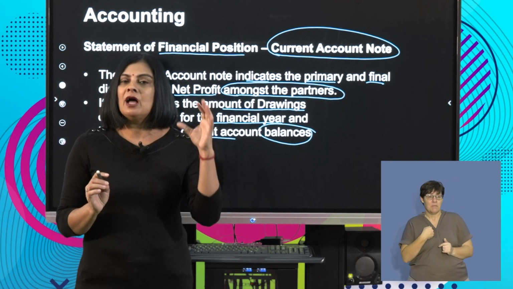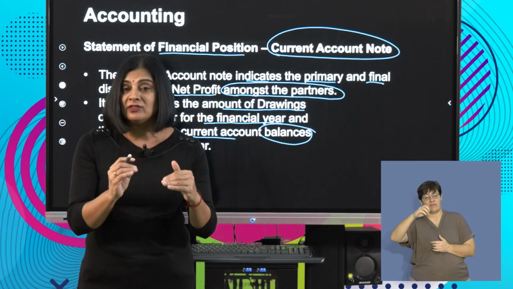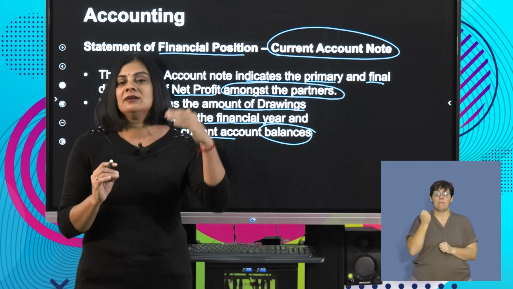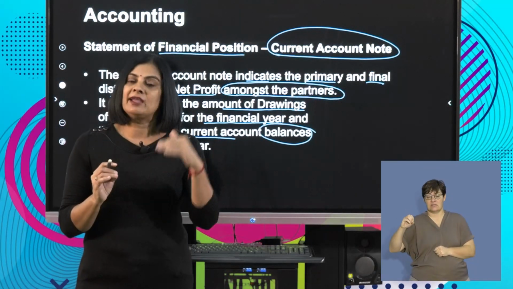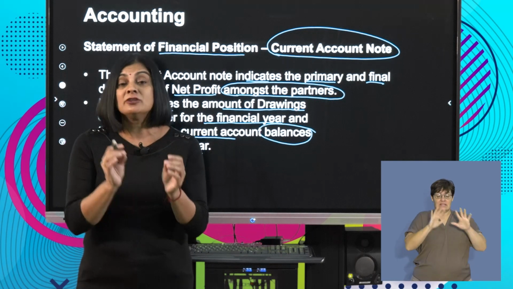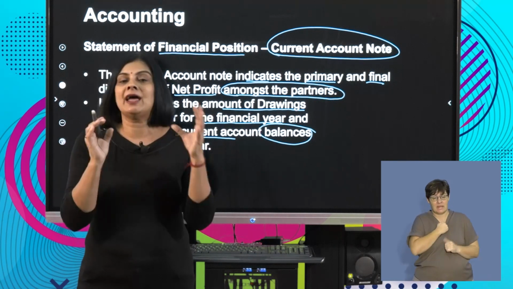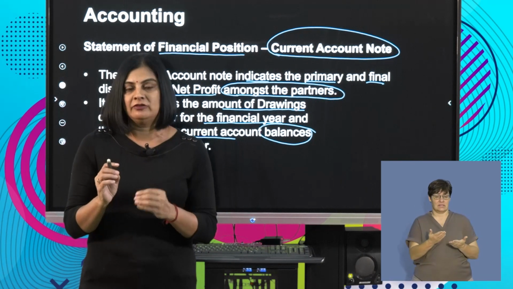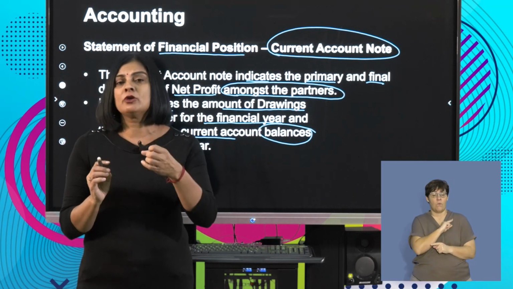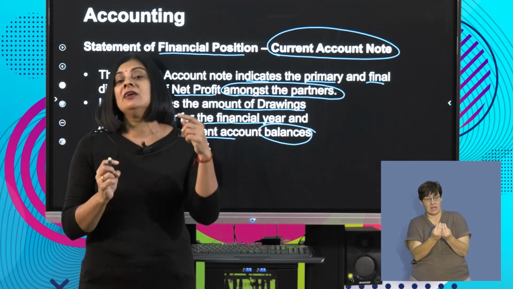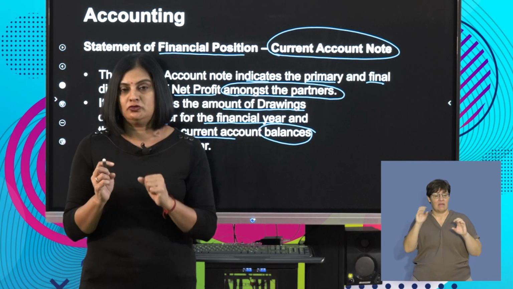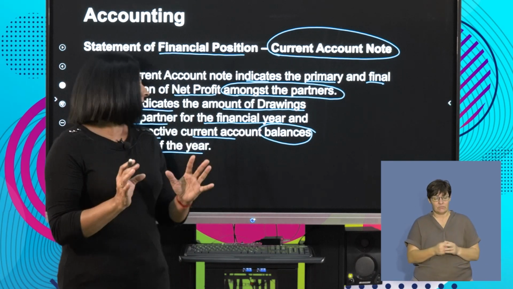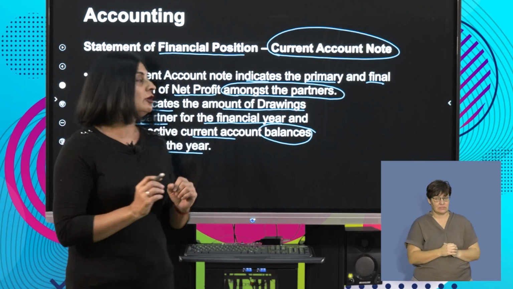So for example, I was entitled to 100,000, I have taken 90,000, and at the end of the year, I end up with a balance of 10,000. That is my current account balance. Obviously, it's favorable because I haven't taken everything that I was entitled to take. Okay, right. Hopefully, guys, that made a lot of sense.